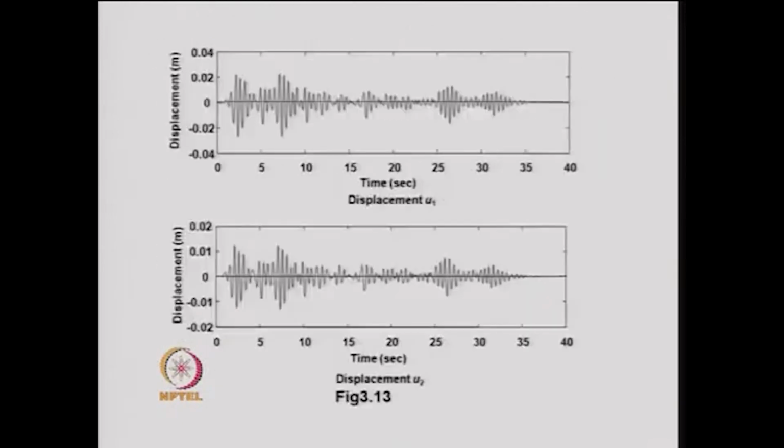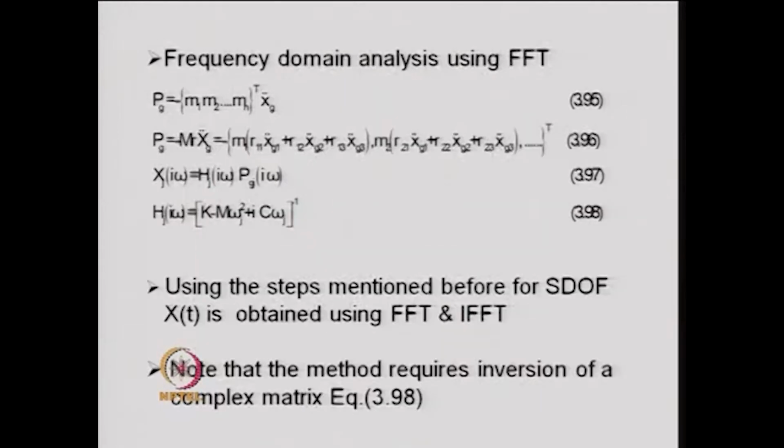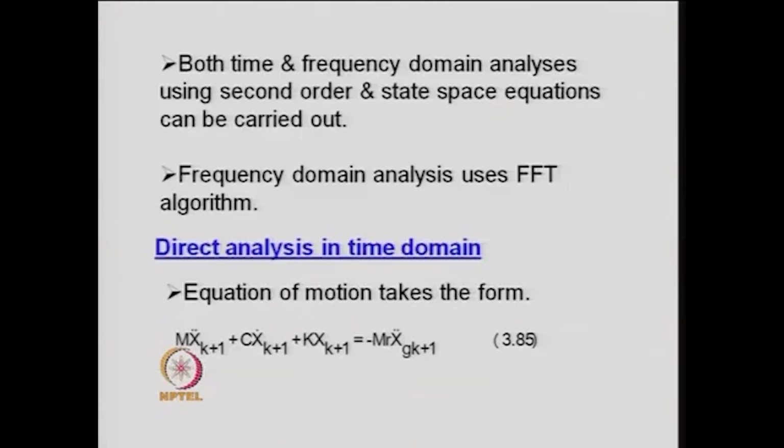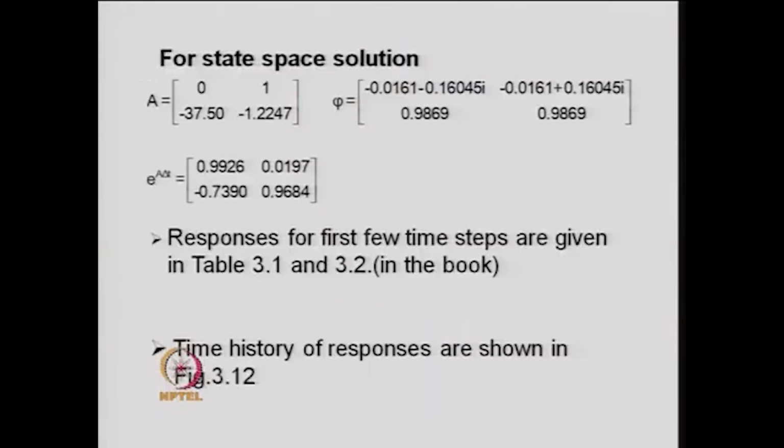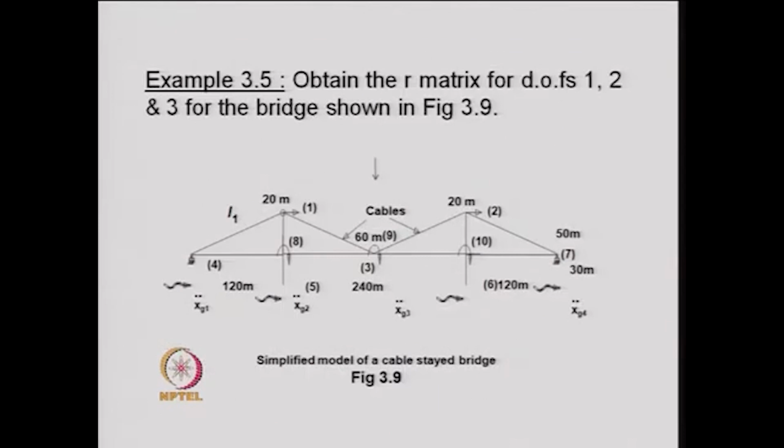Let me show you the diagram for your recapitulation. Yeah, this is the cable supported bridge that we have taken up in order to obtain the R matrix, and in that you can see we have one support, second support, third support and fourth support.